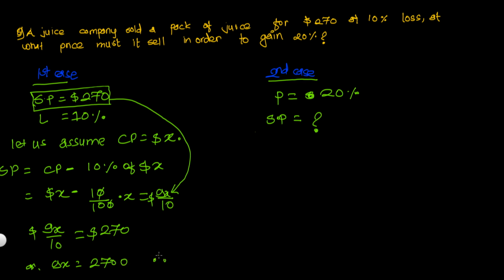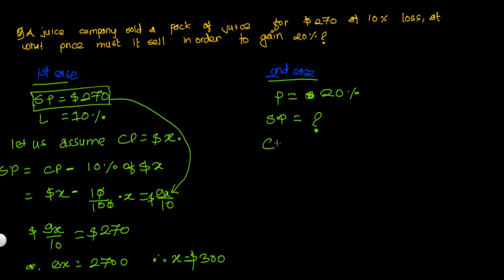So our x will be 2700 over 9, which is 300. So that's the CP. That's the CP of the juice.